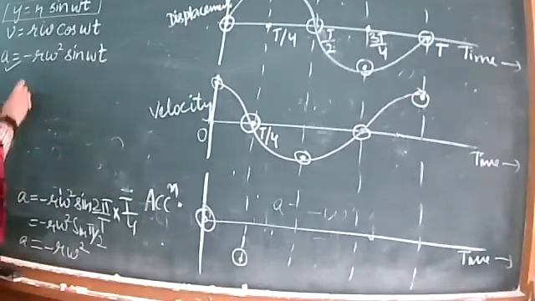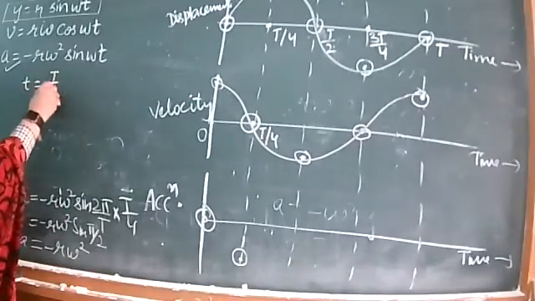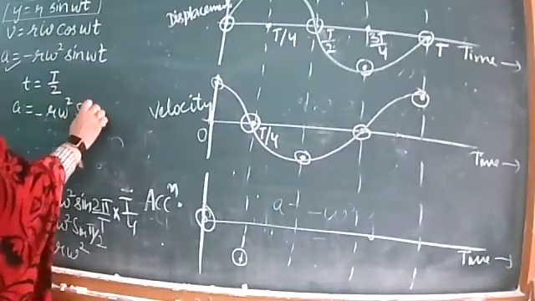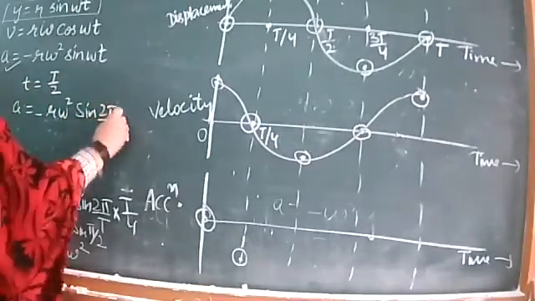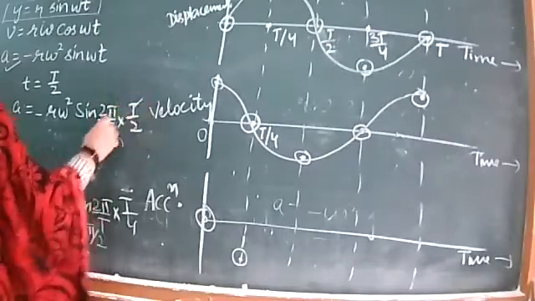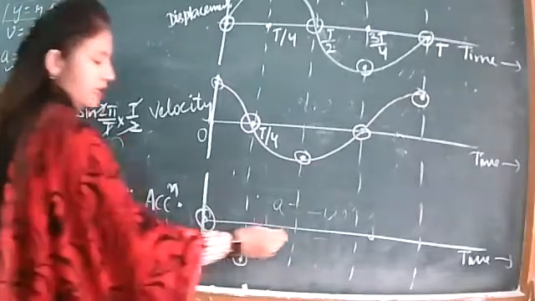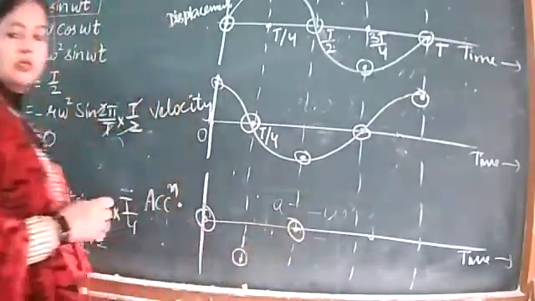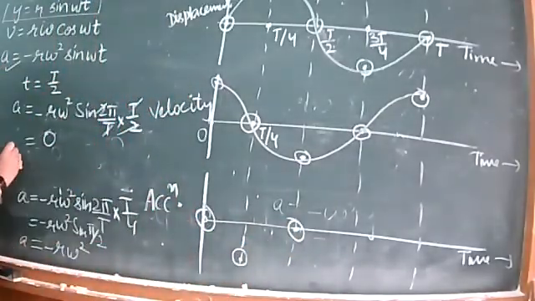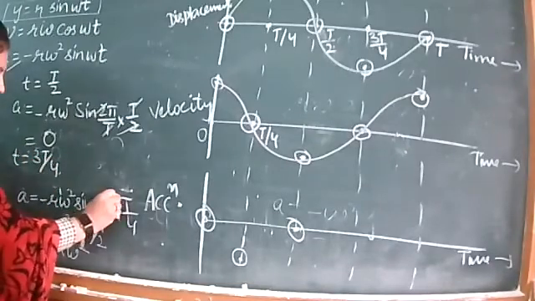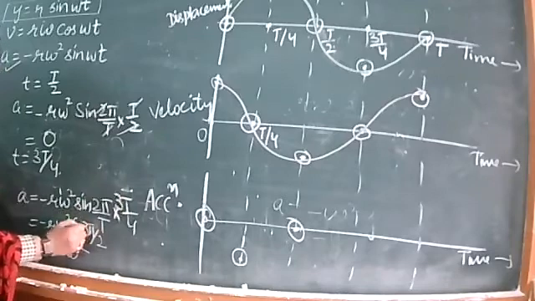Let's put now t equal to T by 2. Acceleration is minus r omega square sine 2 pi by T into T by 2. So we get sine pi. Sine pi is 0. So we get the third point, that is 0 here. Put t equal to 3T by 4. So this is 3 pi by 2.